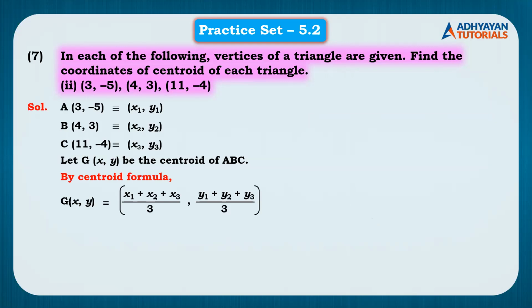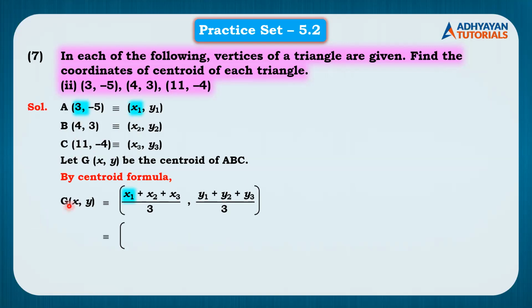Now students, very simple, we know the value of x1, x2, x3, we know the value of y1, y2, y3. Got it? So here, you can clearly see the value of x1. Just a moment, I'll show it with the pointer. The value of x1 is 3, value of x2 is 4, and value of x3 is 11. So look vertically straight, 3, 4, and 11.